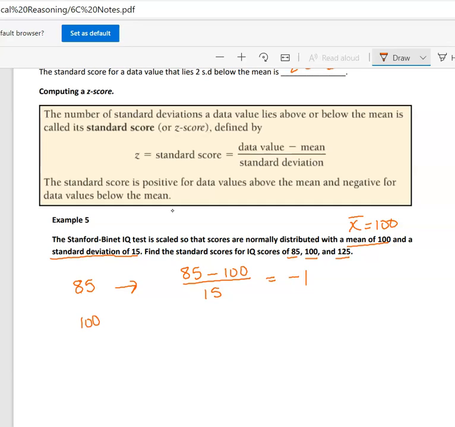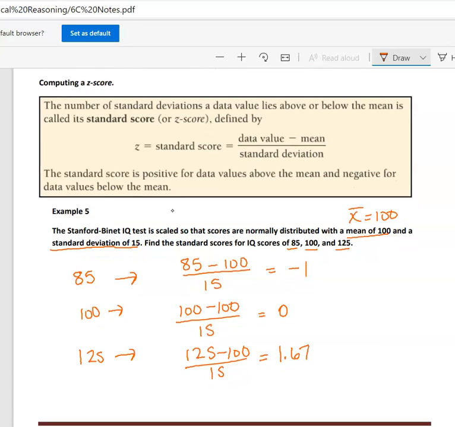For 100, we do 100 minus 100 over 15, which gives us 0. For 125, 125 minus 100 over 15 gives us approximately 1.67, and you usually round these to 2 decimal places.